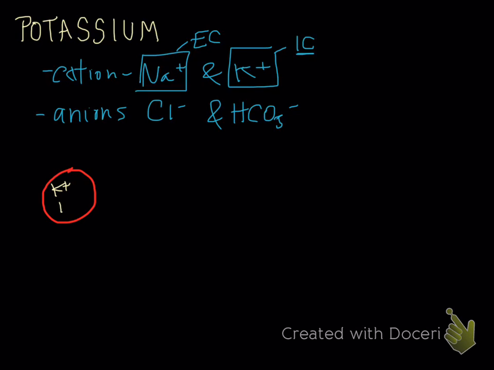They have tons of potassium within the cell. And there is a sodium-potassium ATPase that pumps sodium out and pumps potassium back into the cell. So essentially, we want to keep potassium in the cells.